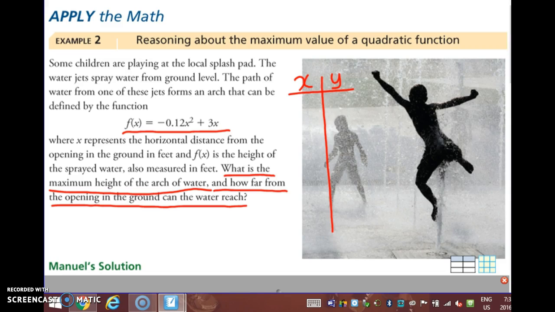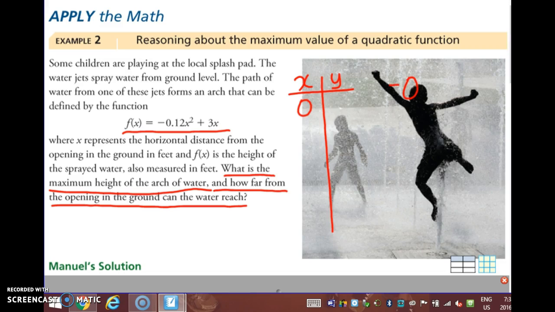what's happening at a zero distance. If I put 0 in for my starting distance, then I'm going to be replacing all my x's with 0.